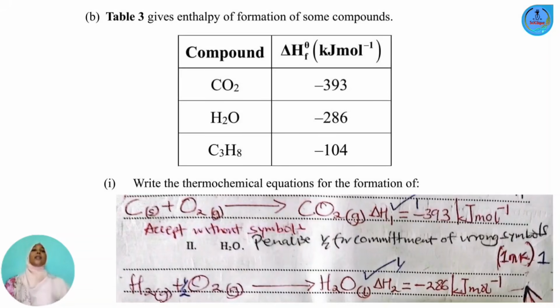And yes, it's released because by the negative sign, we can tell that this is an exothermic reaction. Exothermic reactions are denoted with a negative sign, okay? So both of these, formation of carbon 4 oxide and formation of water, are exothermic reactions that lead to the production of heat energy. And these are thermochemical equations.